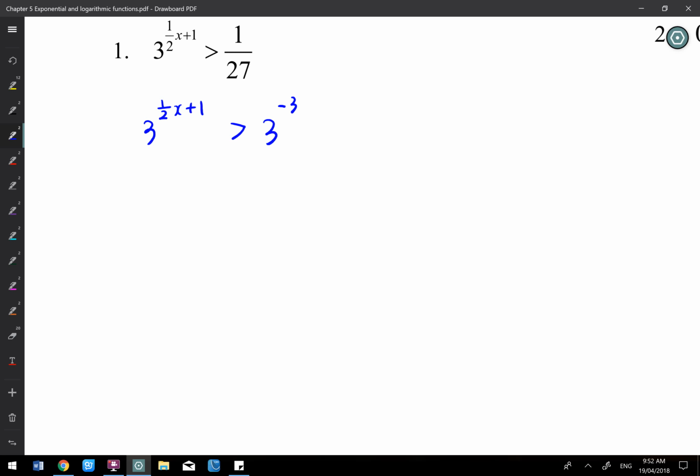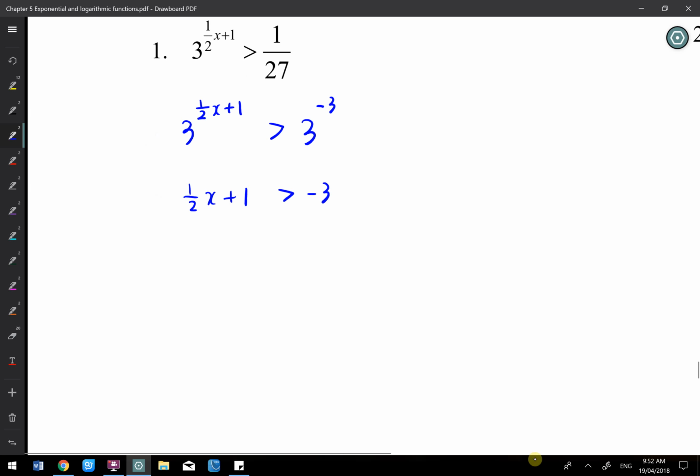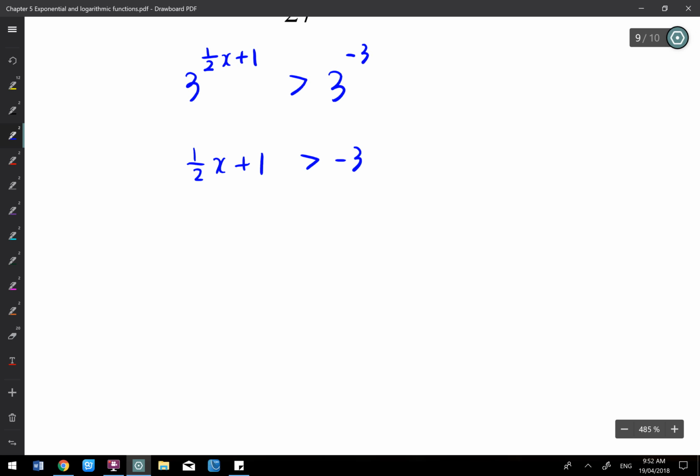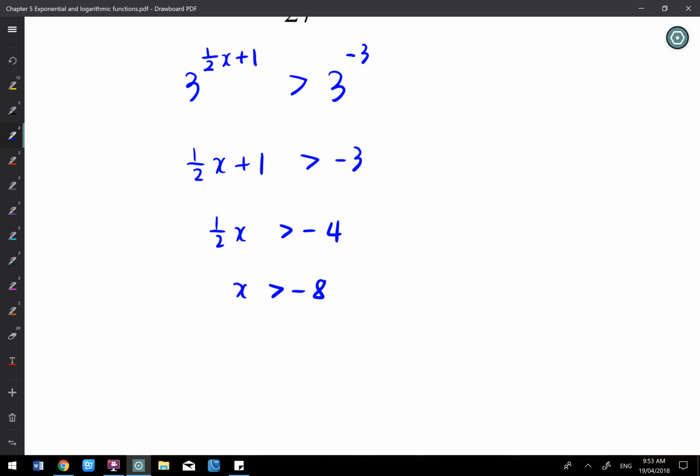Okay, now they have the same base. We can just compare the powers, and the direction of the sign stays the same because your base is greater than 1. If your base is not greater than 1, you can't do that. So that's what I should do.